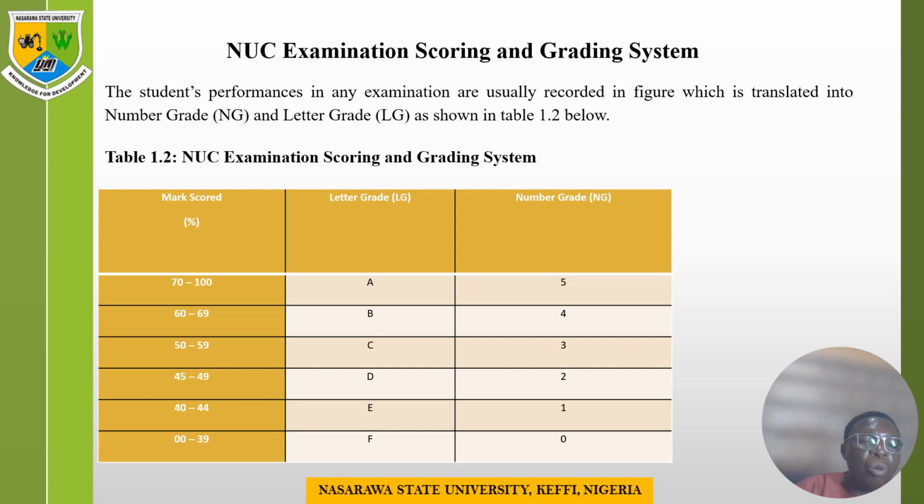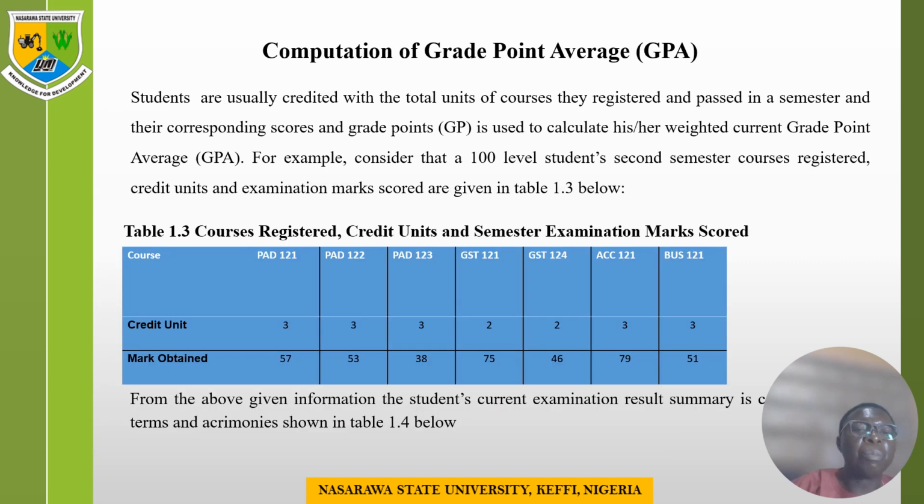The last mark score is 00 to 39, the letter grade is F, which is fail, while the number grade is 0. That is, there is no number grade attached to such students.